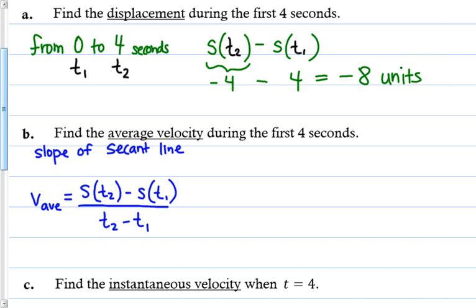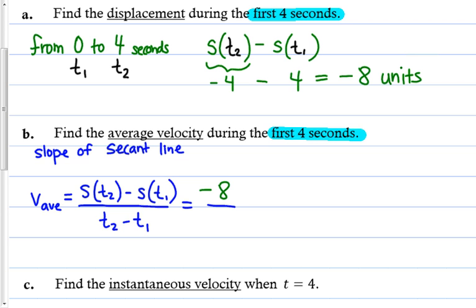We already did the displacement. It was -8. So I'm going to plug in -8 and divide that by the times. Remember, the times were from 0 to 4. It still says first 4 seconds, just like the first problem.